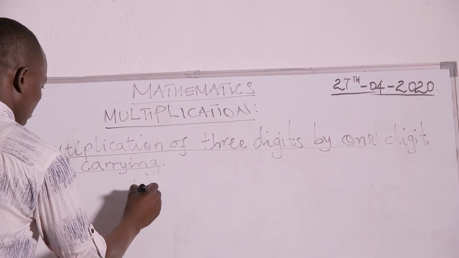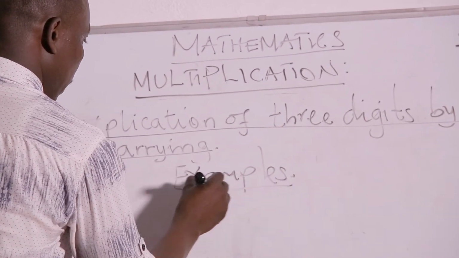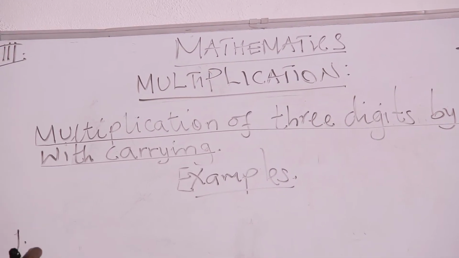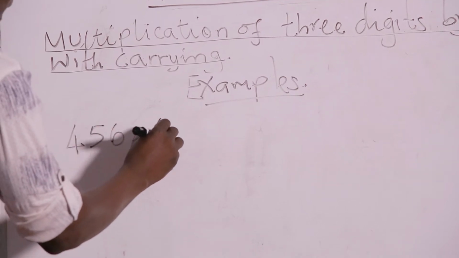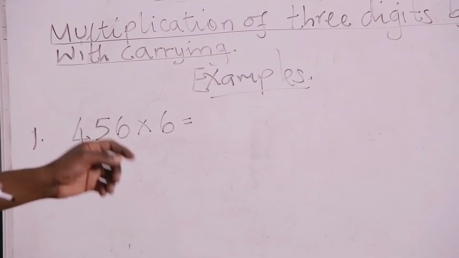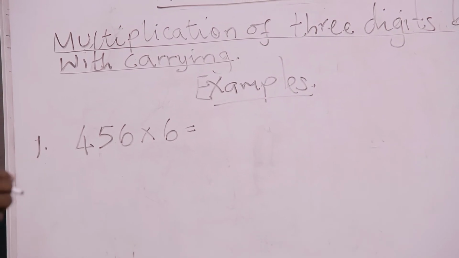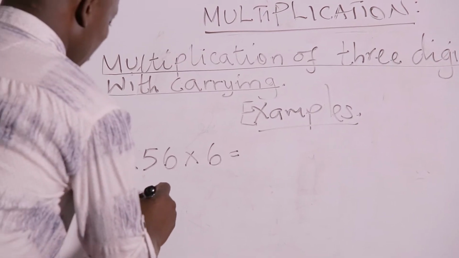Examples. Let me use examples here to explain this. We have example 1: 456 multiplied by 6. As usual, in our class, we are supposed to have our exercise books underlined into 3 areas.